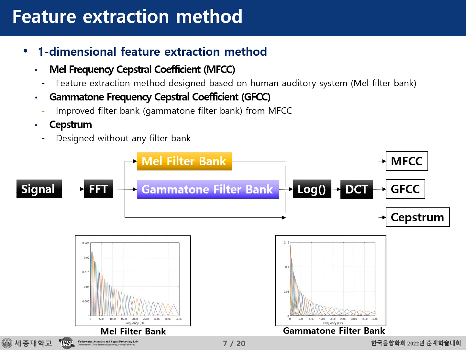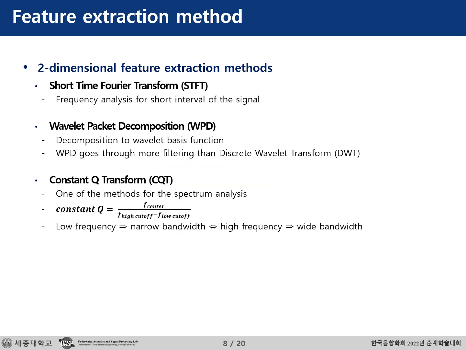The following flow charts represent how we extracted them from the signal. And the figure represents the Mel filter bank and gammatone filter bank. As we can see, they are designed for the human auditory system, which has narrow bandwidth in lower frequency and otherwise.